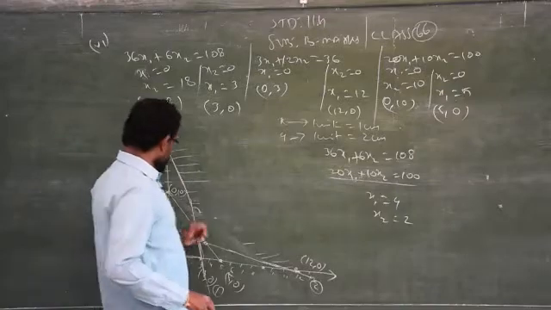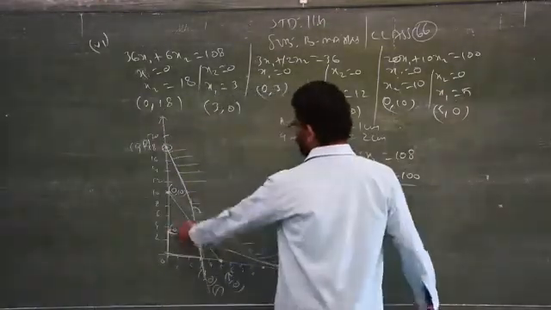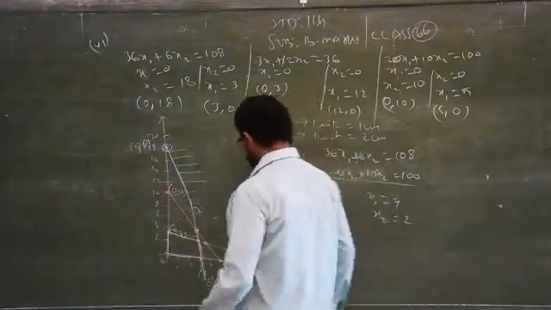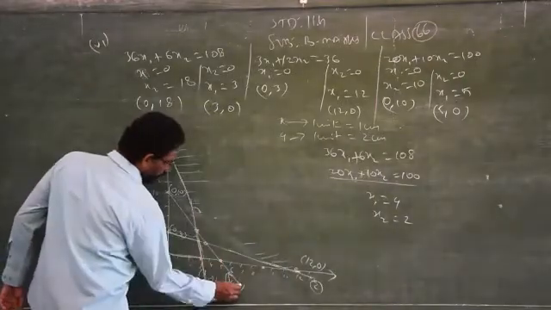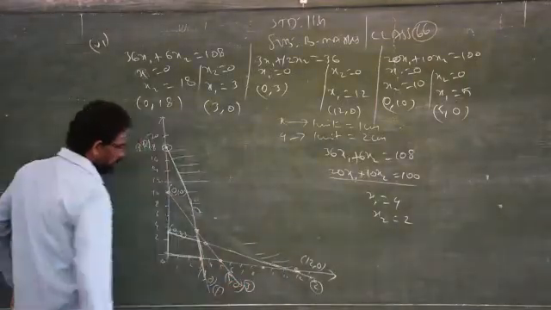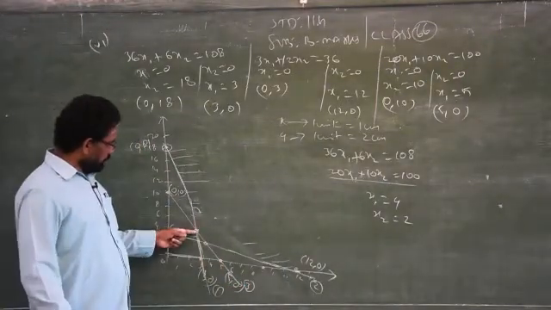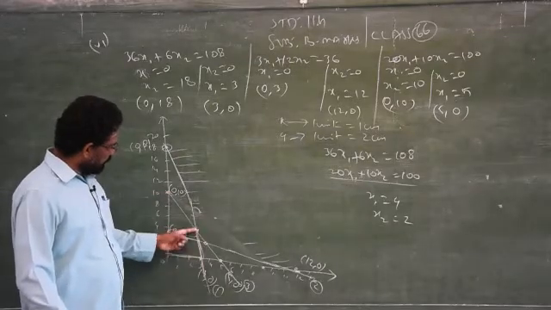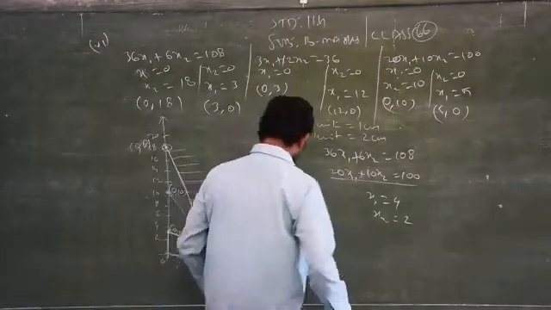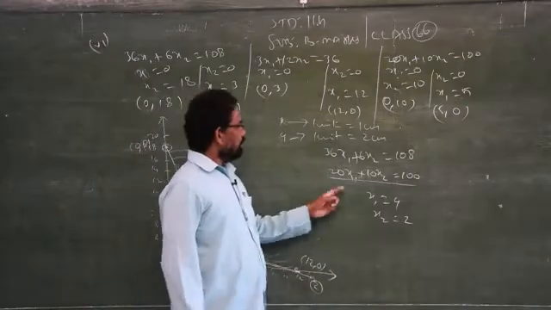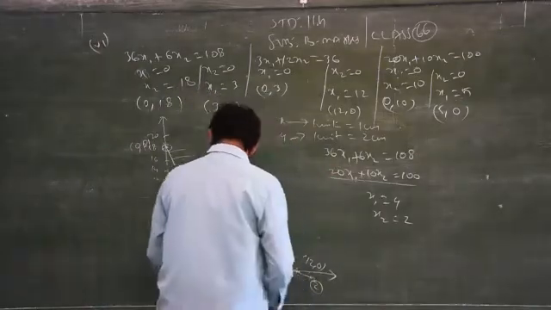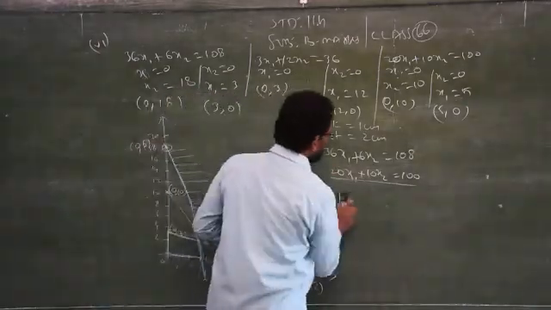So now you have to solve the 2 equations. This is equation number 3. To find the intersecting points, you have to take equation number 1 and 3 and solve. Now, how do you solve this one? By the normal elimination method.